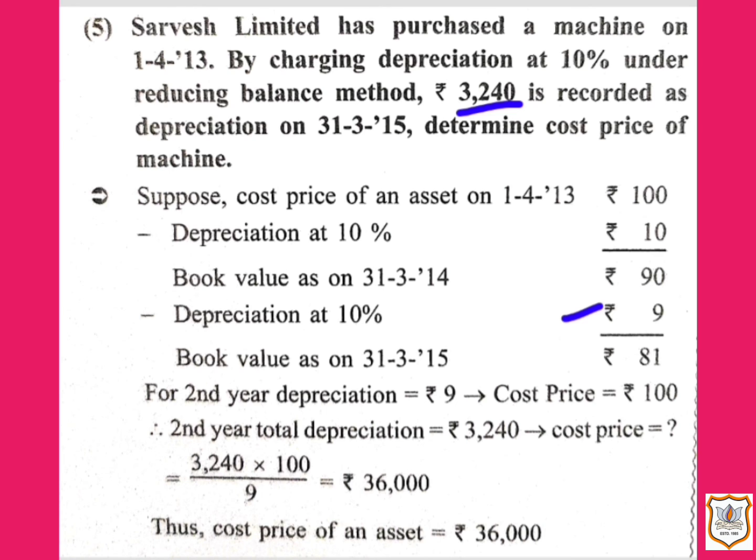So here we will calculate it as: if rupees 9 is the depreciation for the second year, at that time we assumed cost price rupees 100. So what would be the cost price if the total depreciation is rupees 3,240? By cross multiplication we will get rupees 36,000, that is the cost price of the machine.